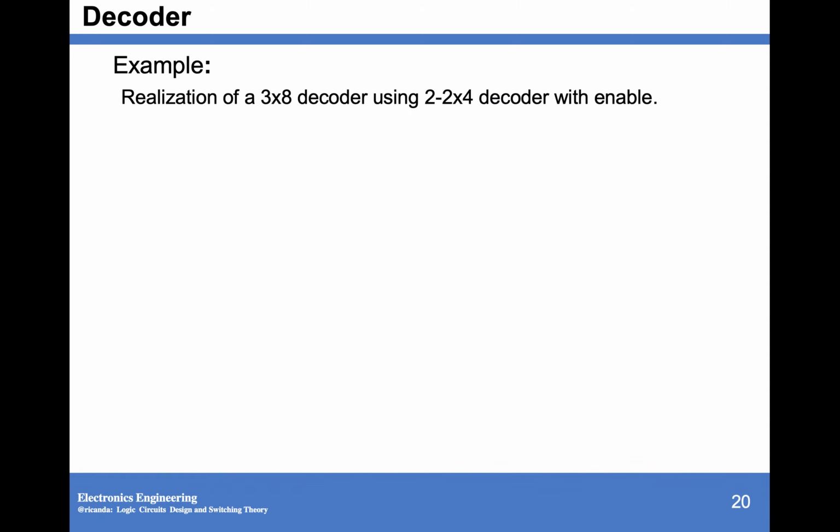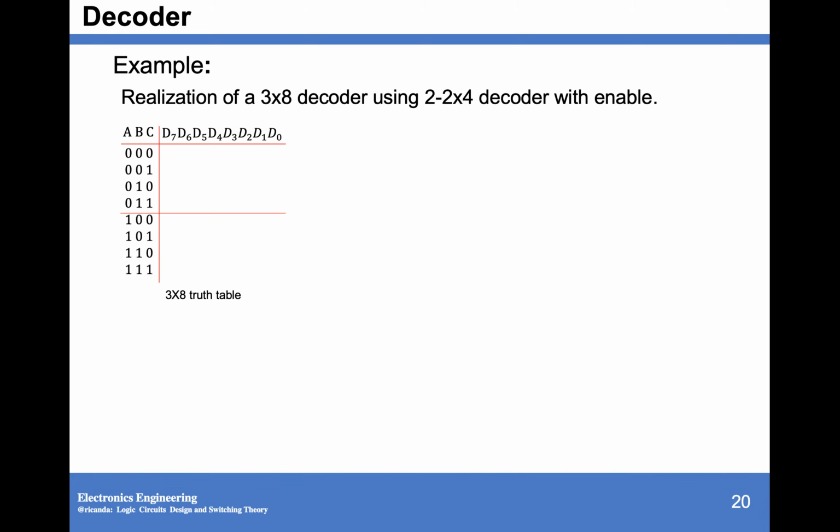Now we have to realize a 3 by 8 decoder using 2 by 4 decoders with enable. It means that if you are going to buy a 3 by 8 but in the market there is no available 3 by 8, there are only 2 by 4 decoders with enable. So we have to use these 2 by 4 decoders with enable to construct a 3 by 8 decoder.